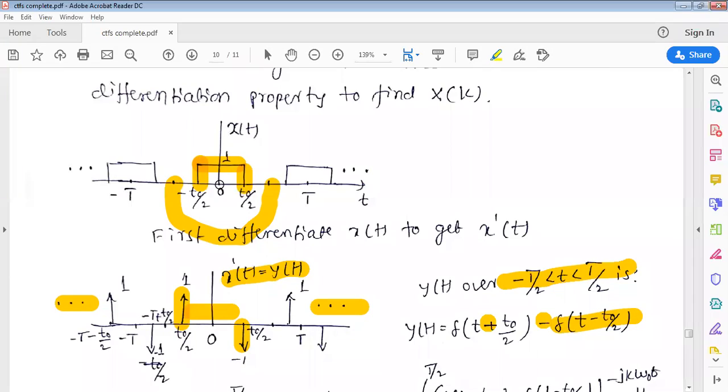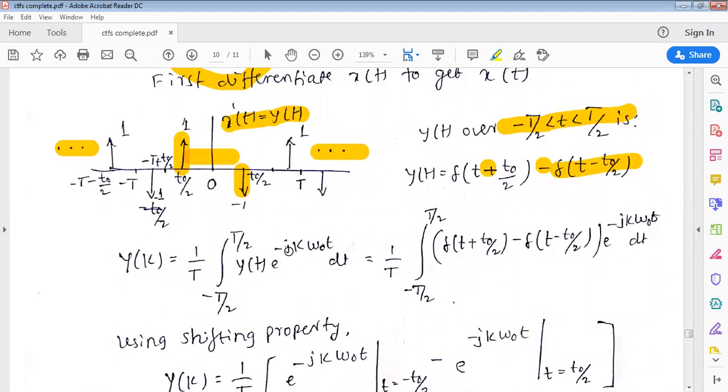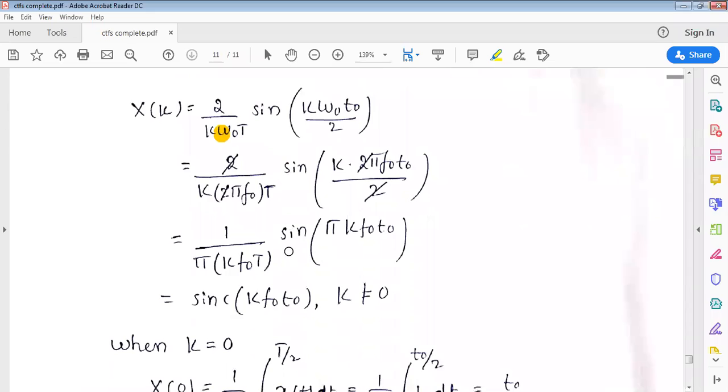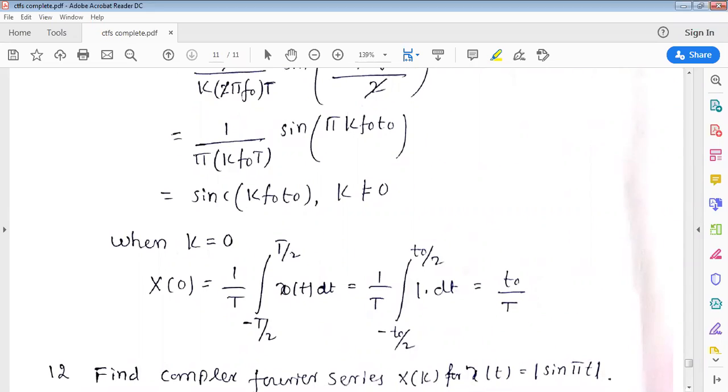What's the amplitude here? 1. That's what you substitute. When t is equal to 0, the amplitude value is 1, I'm substituting.